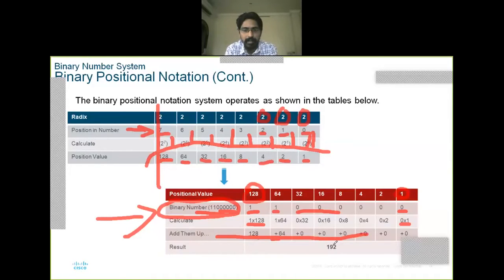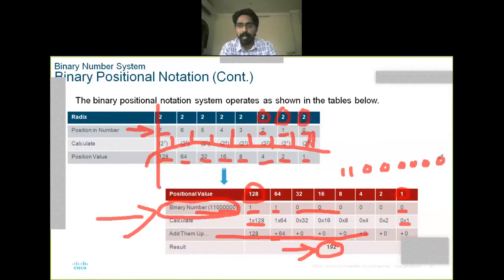What is the final value? 192. So the total result is 192. The value of the binary number 1 1 followed by 6 zeros is 192.